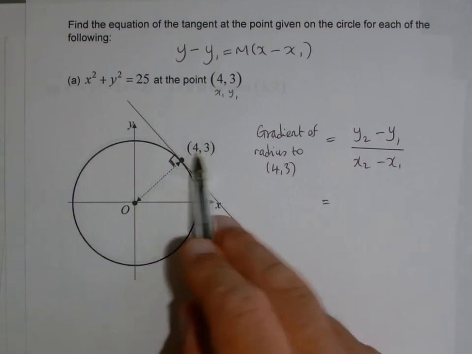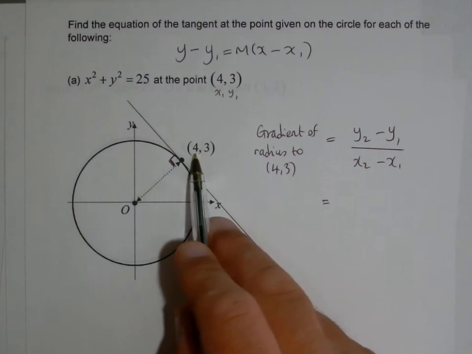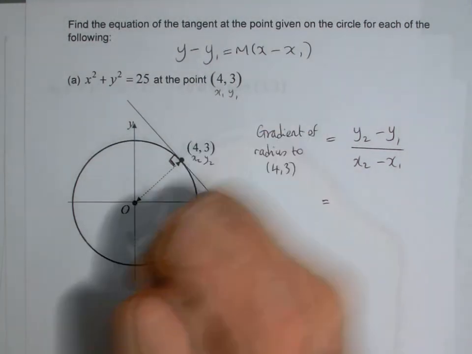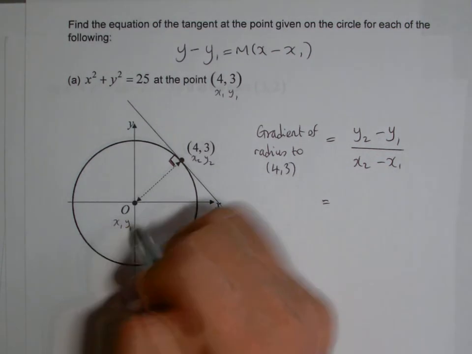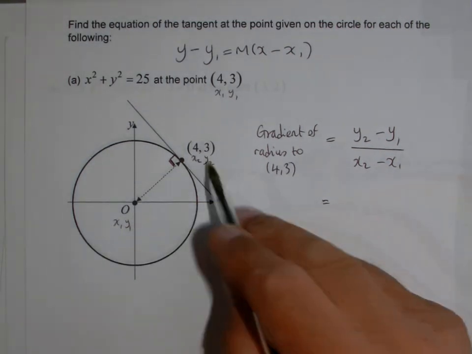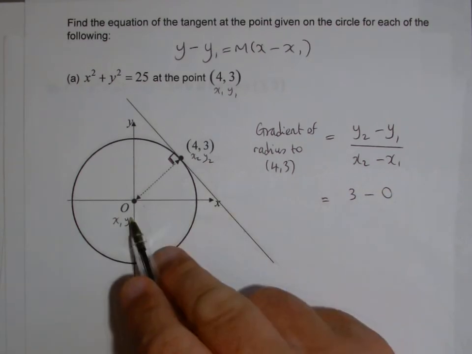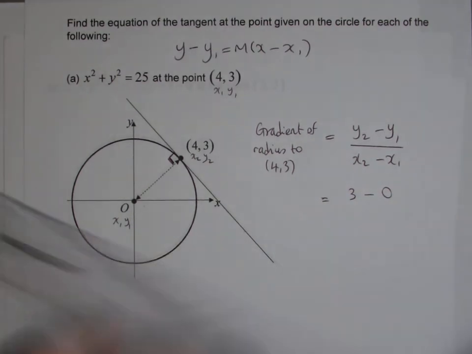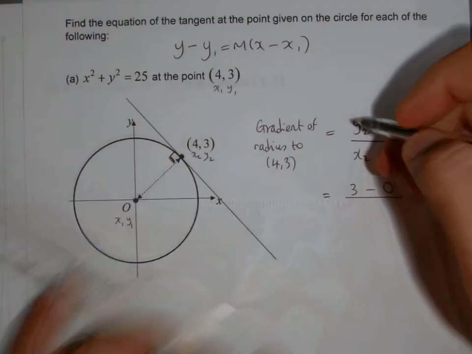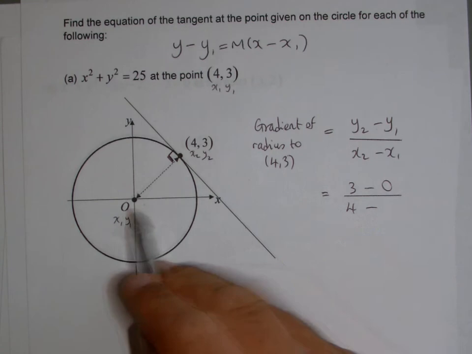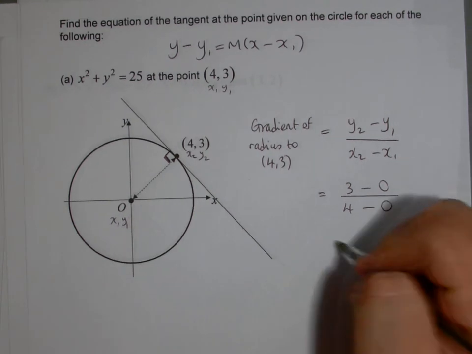So we can call that x2, y2 if we want, and then we can call the origin x1, y1. So then quite simply you do 3 take away 0, y2 take away y1, all over x2, which is 4, take away x1, which is 0, so you get 3/4.